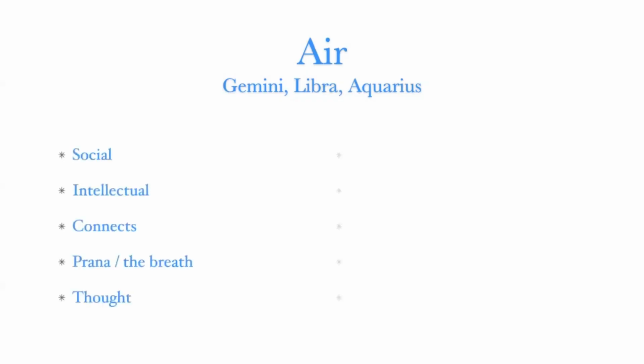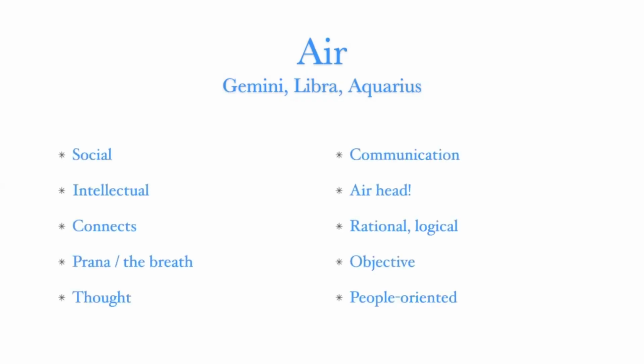Just continuing the introduction to the elements. So the 3 air signs are Gemini, Libra, and Aquarius. And a bunch of air keywords for you. Fundamentally, air is the realm of social and intellectual. Air is the life energy associated with the prana or the breath.